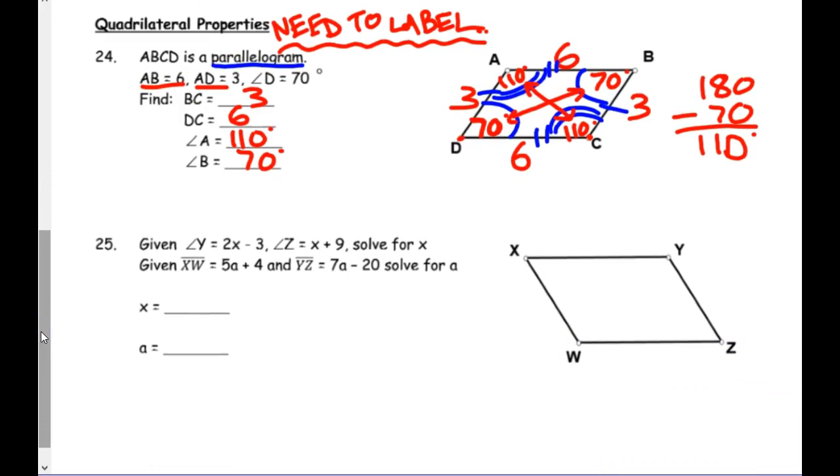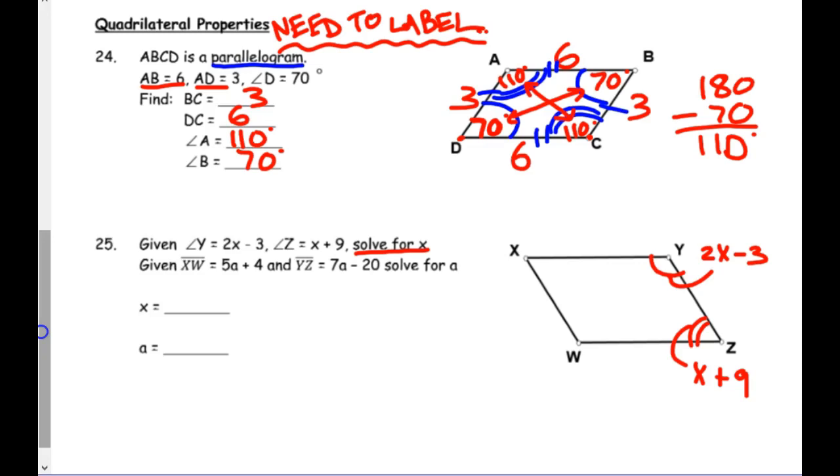Let's label. Given y is 2x minus 3, given angle Z is x plus 9, solve for x. We can do that.